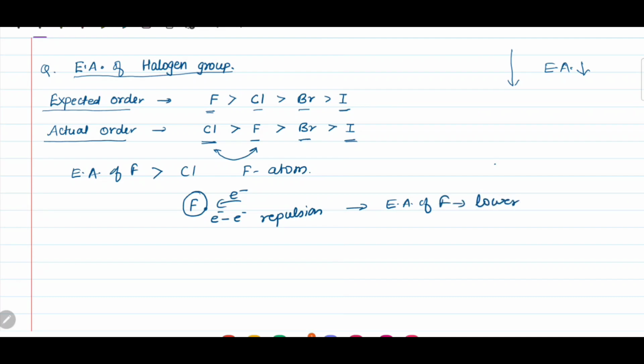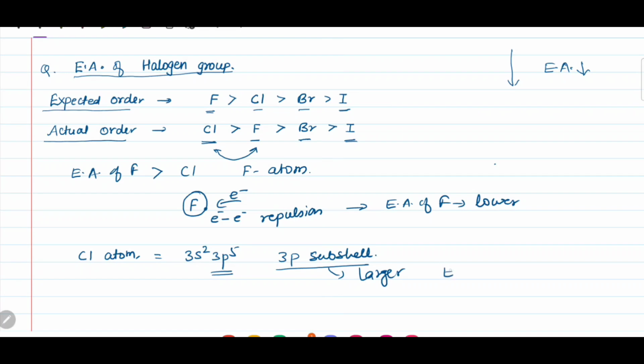In case of the chlorine atom, the electronic configuration is 3s2 3p5. Since these 7 electrons are present in the 3p subshell, and the 3p subshell is relatively larger than the 2p subshell, it readily accepts the extra electron.